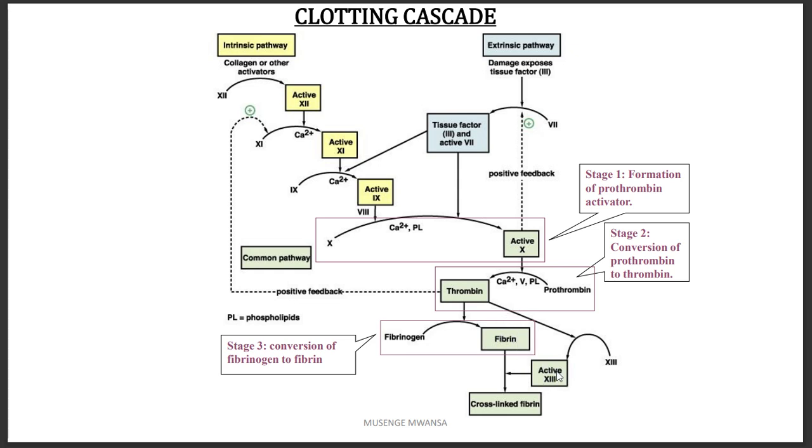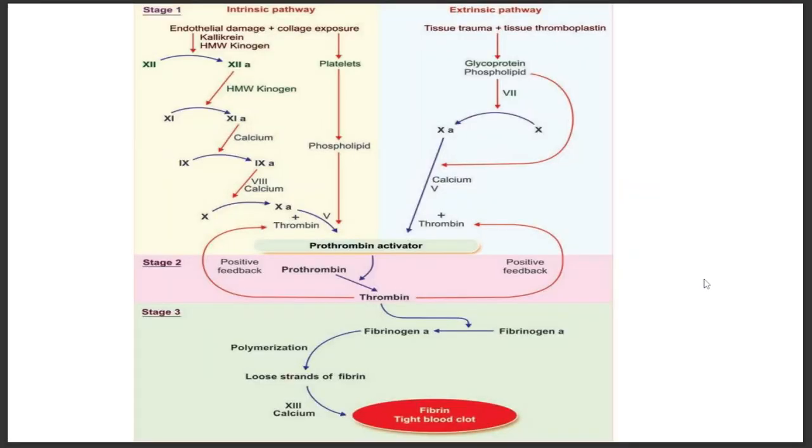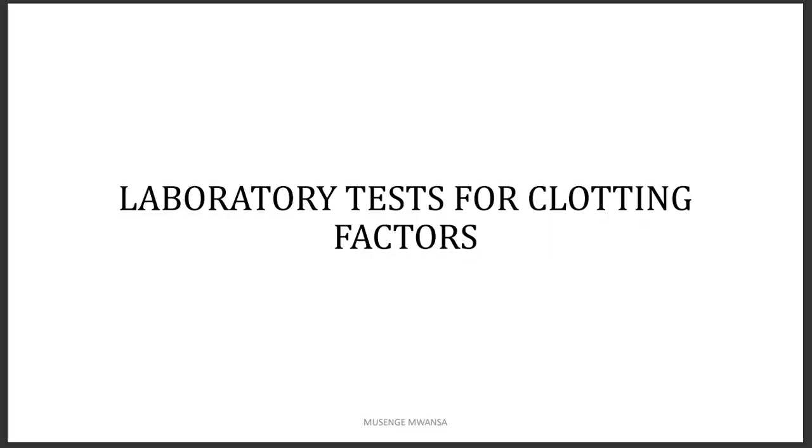So we now need fibrin stabilizing factor. Fibrin stabilizing factor is factor number 13. That is the one which is very strong to form a mesh. Fibrin stabilizing factor also has to be activated by the same thrombin which converts fibrinogen to fibrin. So this is also the pathway that we've talked about.